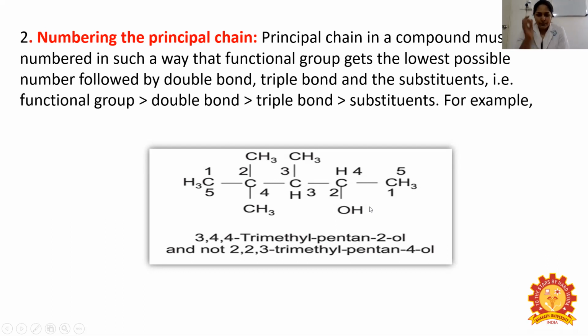So 3, 4, 4, that is trimethyl. Trimethyl pentane-2-ol. The second position has the alcohol, so 3, 4, 4, that is 3-methyl groups, pentane-2-ol, 5 carbon atoms. Pentane-2-ol.